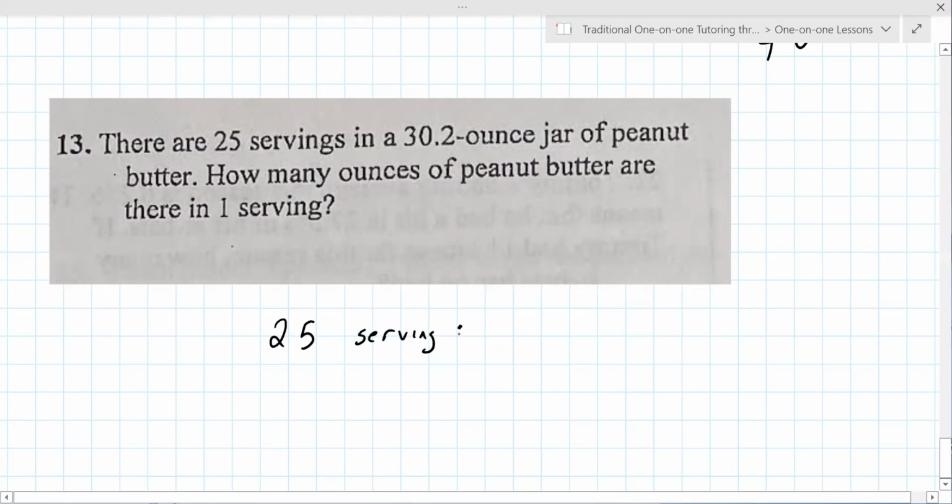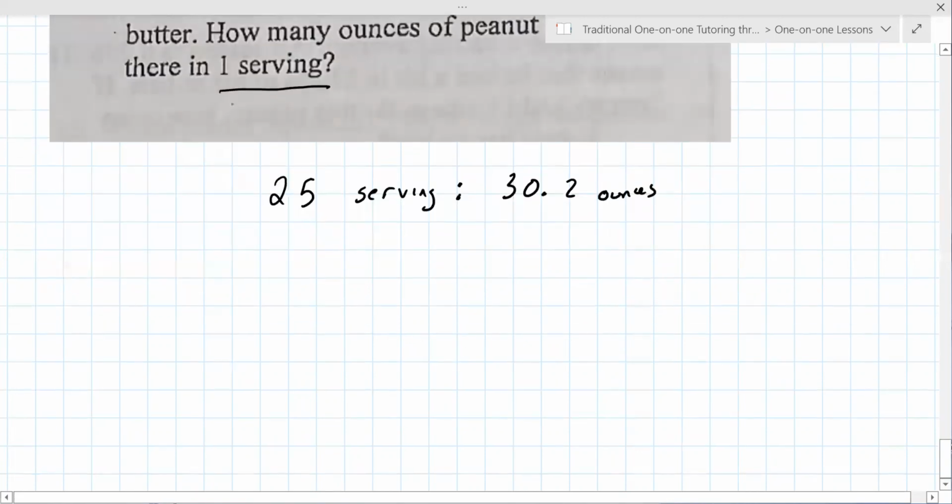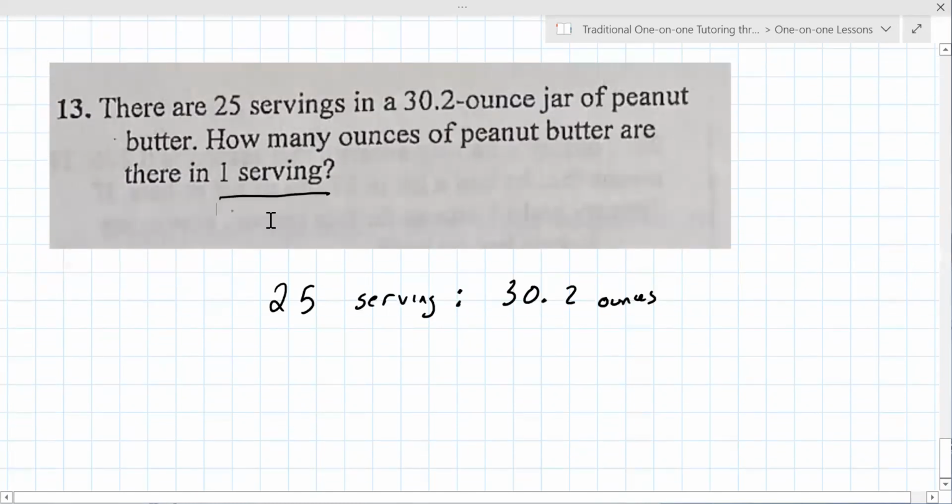It's like 25 servings to 30.2 ounces. What's our goal? What is the peanut butter per serving, for one serving? So how do we get to one serving from 25? Divide by 25. So you divide both numbers by 25.